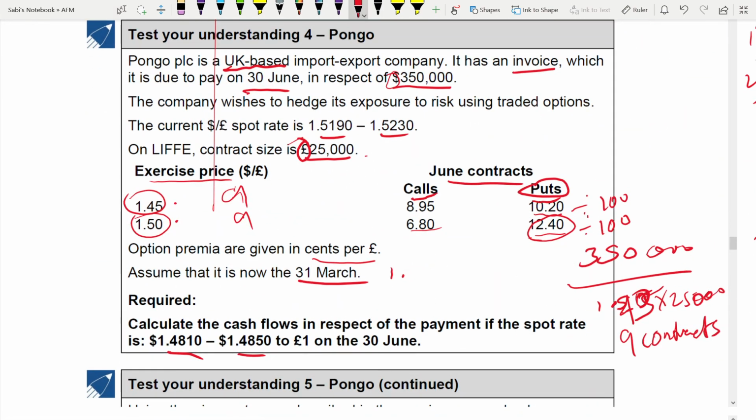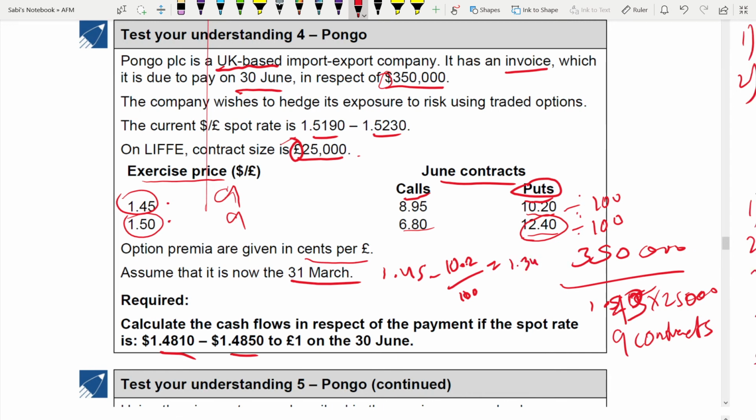So 1.45 minus 10.2 divided by 100 will give you a net receipt of 1.348. Whereas if it's 1.5, the premium of 12.4 divided by 100 will give you 1.376.